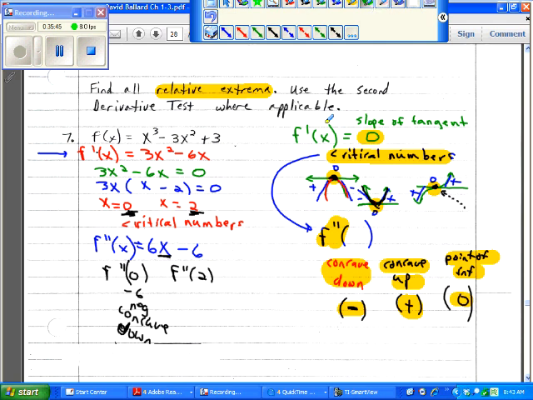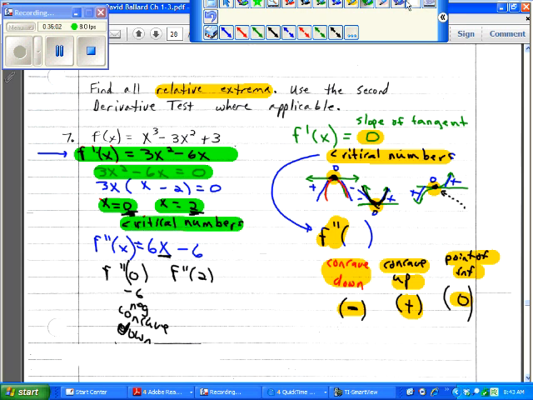Okay, so let's go back. That's right. We did the first derivative. We set it equal to 0, and we found possible max, mins, or points of inflection, critical numbers. We did the second derivative. We plugged the 0 into the second derivative function. It's negative, which tells us it's concave down.